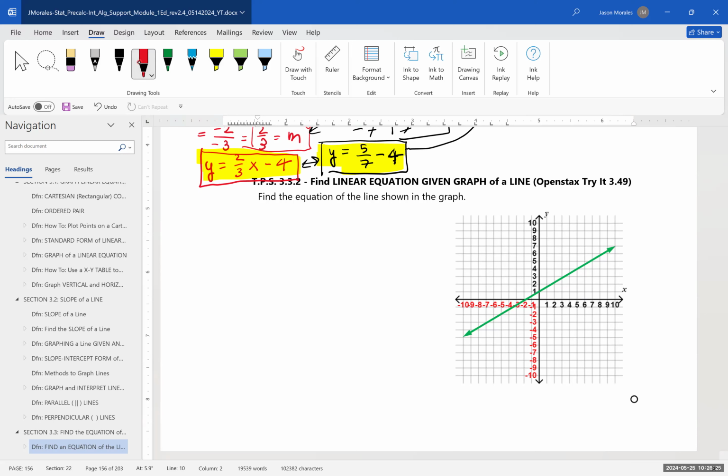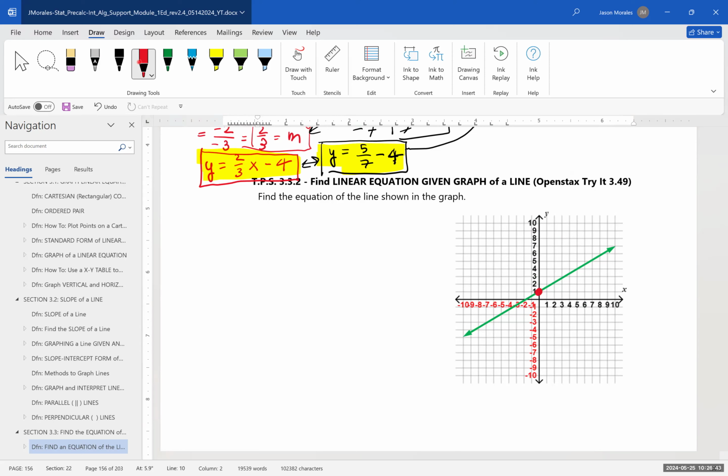All right, we're back. So use the previous example as a model and notice that we have a y-intercept right here at (0, 1).